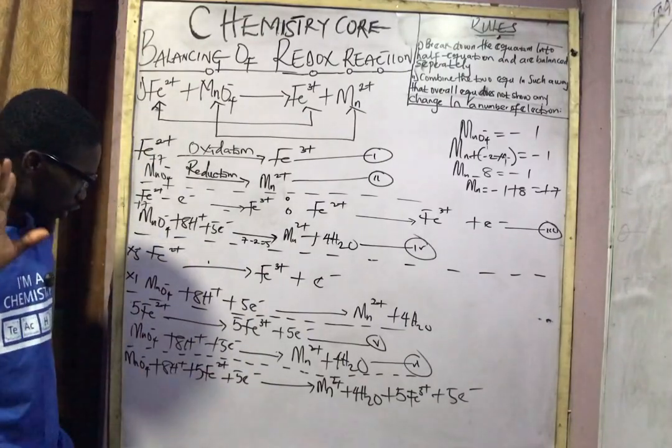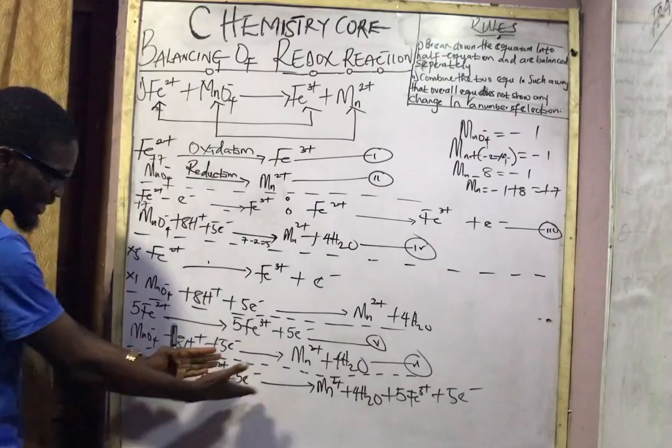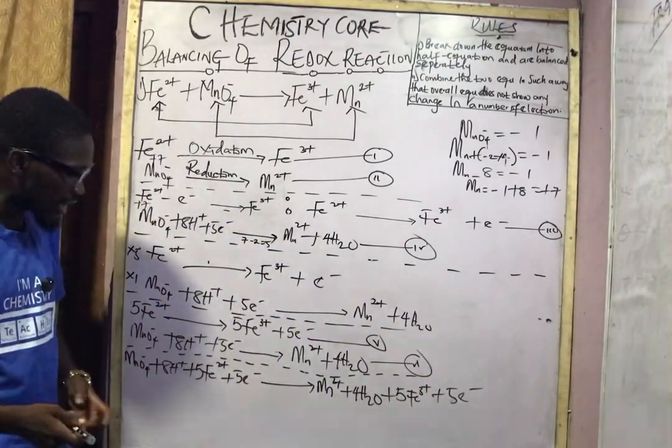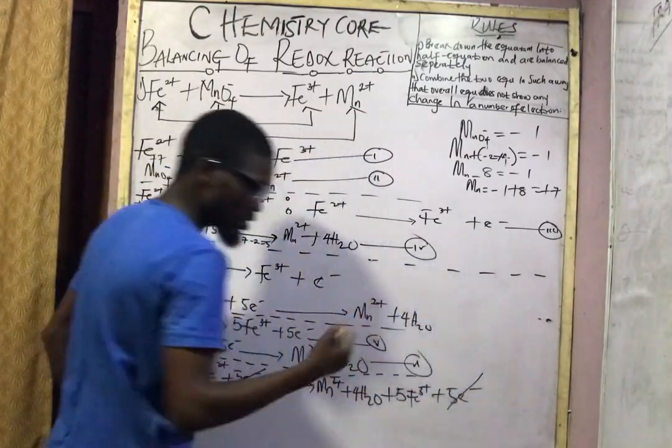So guys, for you to deduce, the next thing to do is that when you check both the reactant side and the product side, you will deduce that we can only cancel the electrons.